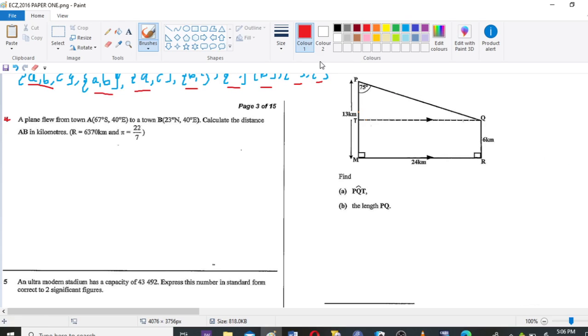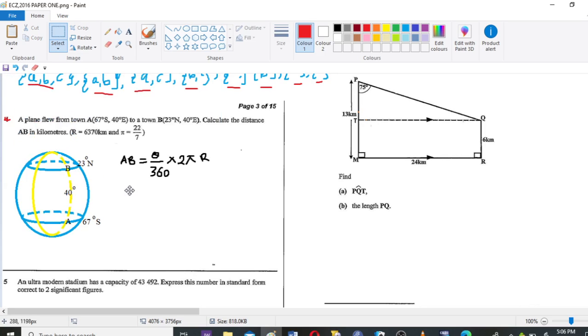Calculate the distance AB in kilometers, where R is 6370 kilometers and we are told to use pi as 22/7.